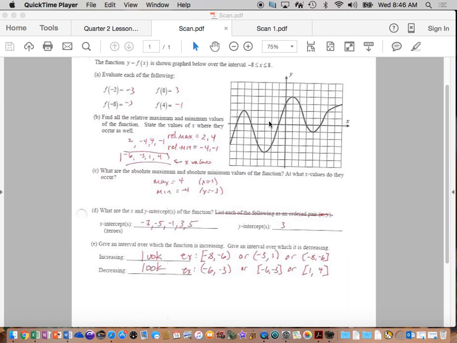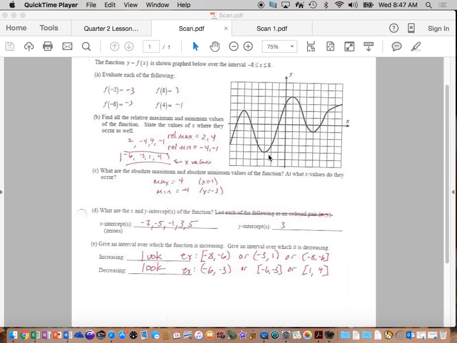What are the relative minimum heights? -4 and what? -1. So I list the relative maxes are 2 and 4. The relative minimums are -4 and -1. Now, the x values that pair up with those are, in the case that we're looking at a height of 2, it's -6.